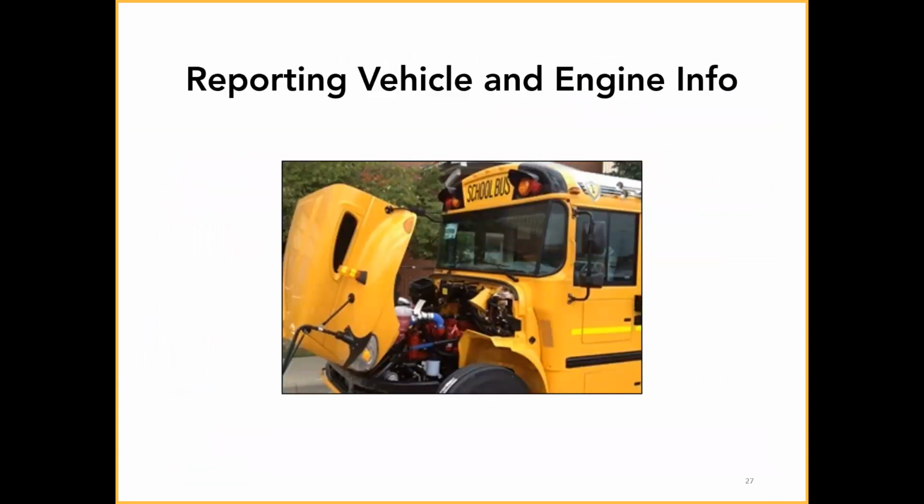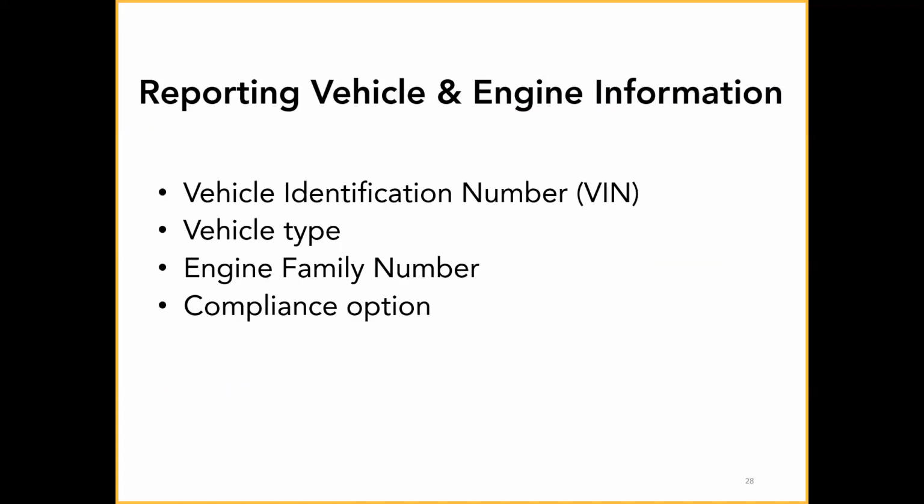Now we will discuss how to report vehicles and their engine information. To report your vehicle information correctly, you are going to have to enter some key information about the vehicle and engine, including the VIN, the vehicle type, the engine family number, and the compliance option.